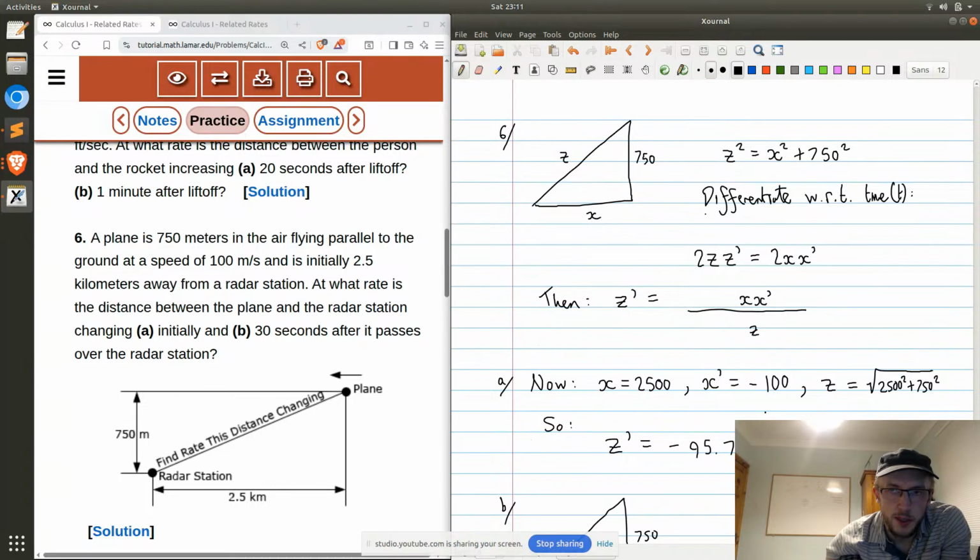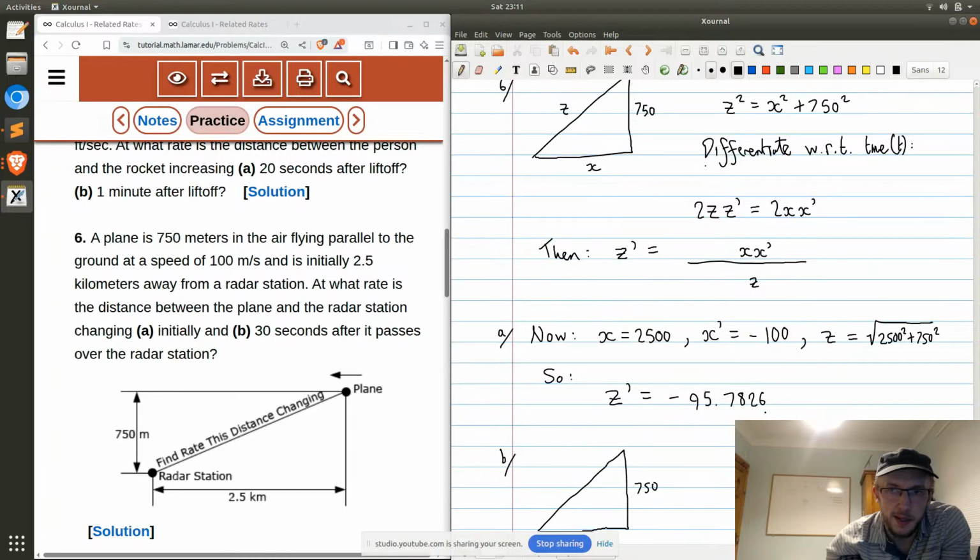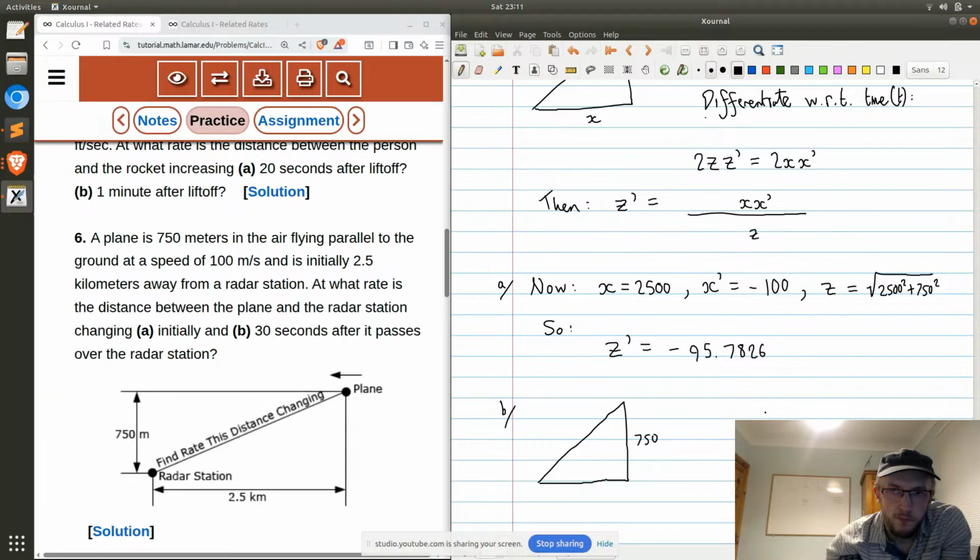But of course that will be squared out. And so I need to care about that, don't I?